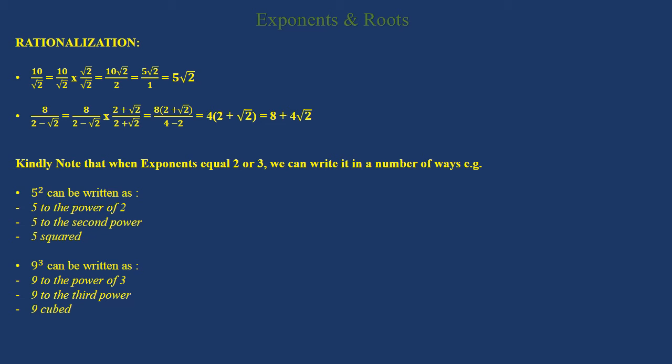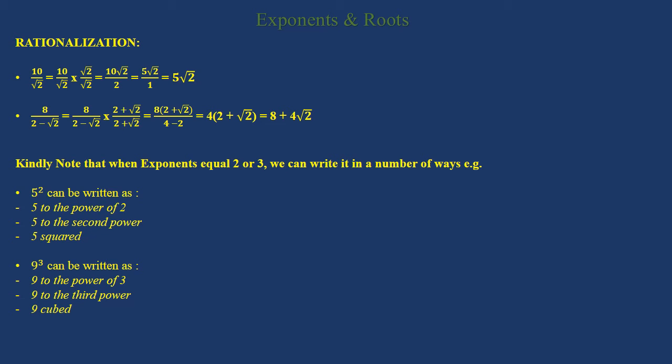This way we are going to get rid of the under root in the denominator, right? Now this is going to give us an answer which is 8 plus 4 into 2 under the root.